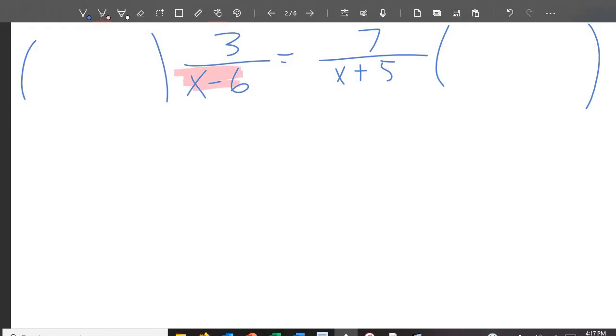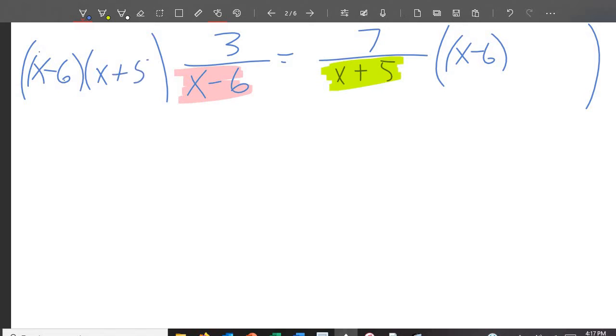Here is an x minus 6. That means in my parentheses, I'm going to have an x minus 6. In this one, there's an x plus 5. So in my parentheses, I'm going to have an x plus 5. Now, what's going to happen, I'm going to draw lines through it.